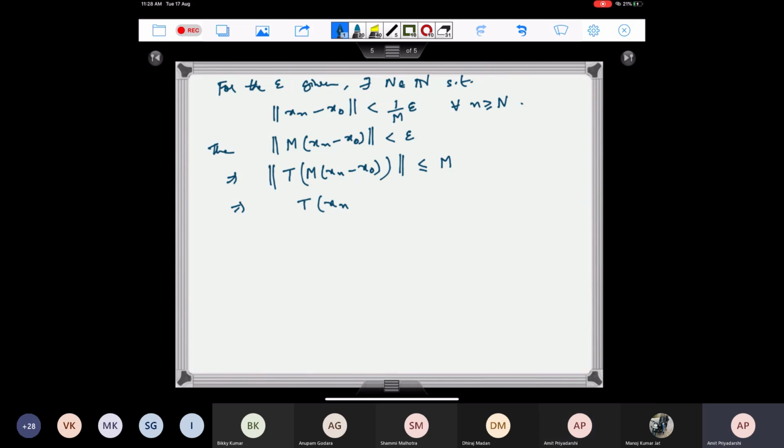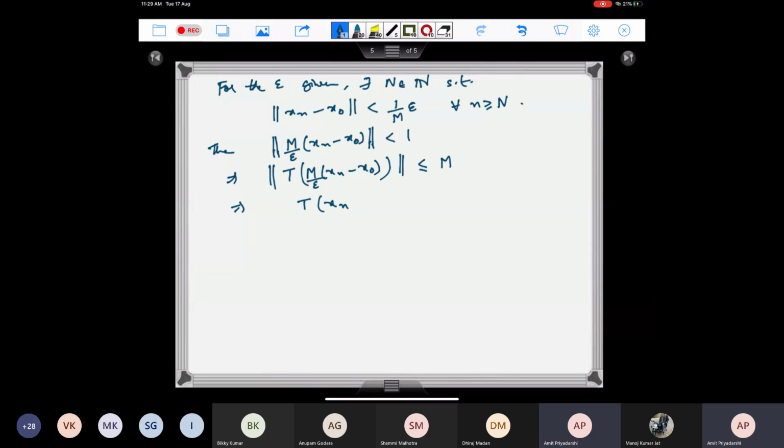Yeah, no. I can write like this. If I write m by epsilon times norm of xn minus x naught, this is less than 1, and then T of this is less than or equal to m.